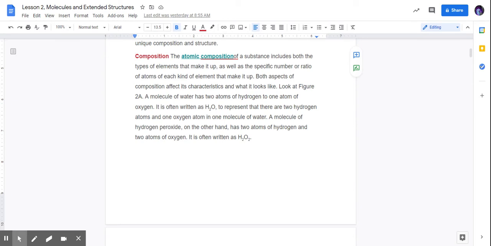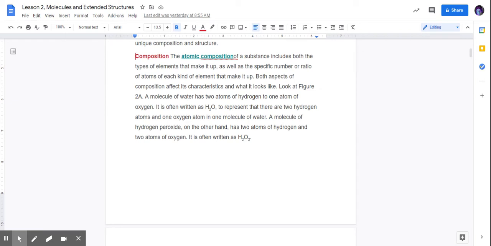Look at figure 2a. A molecule of water has 2 atoms of hydrogen and 1 atom of oxygen. It is often written as H2O to represent that there are 2 hydrogen atoms and 1 oxygen atom in one molecule of water.